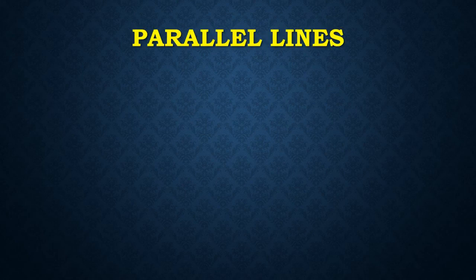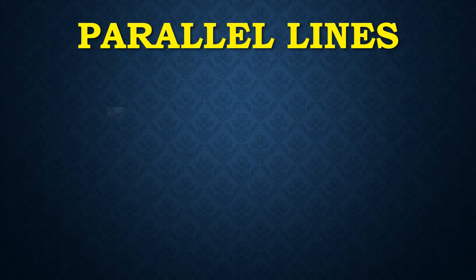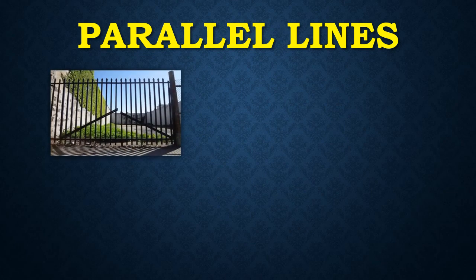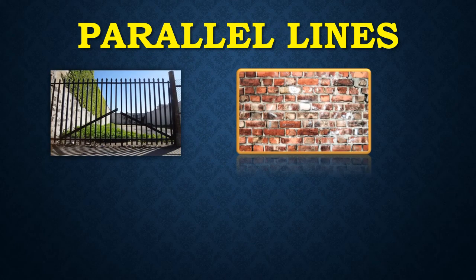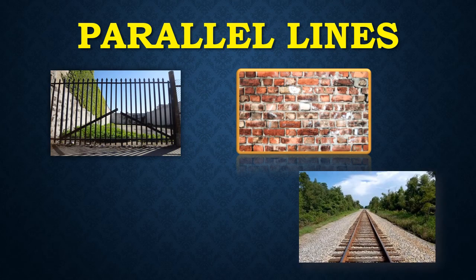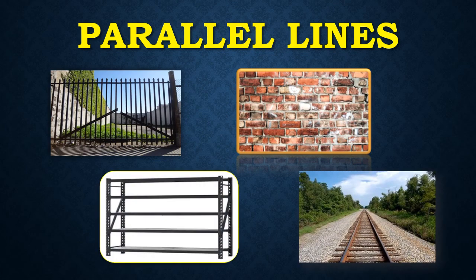So in our surroundings, we can actually see parallel lines, just like the fence, the bricks, the railway, and a rack. As you can see in the pictures given, may makikita kayong straight lines. Tama? Straight lines that will not cross.